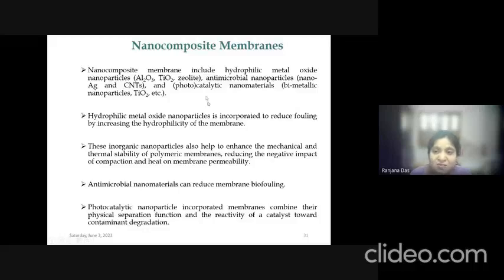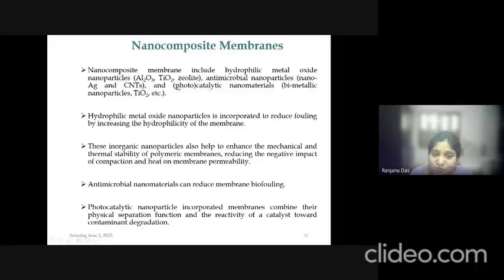And some photocatalytic nanomaterials, like bimetallic nanomaterials or some multiple metal oxide combination, can also be used as an adsorbent as well as a catalyst for degradation of those unwanted or undesired materials.